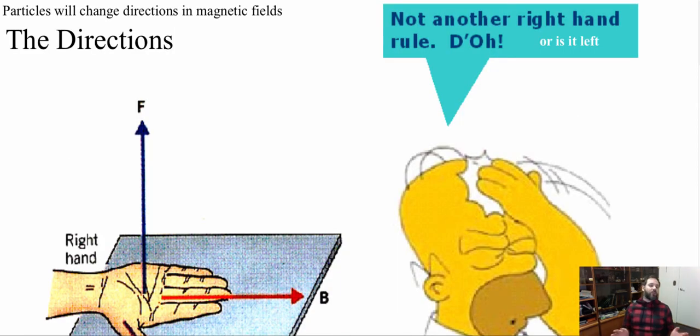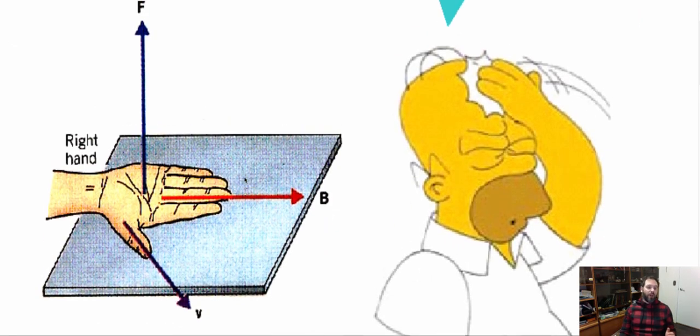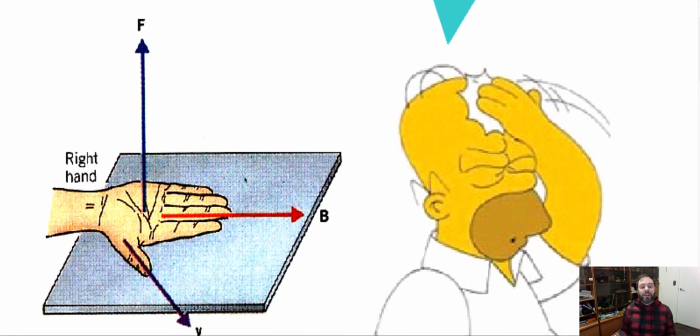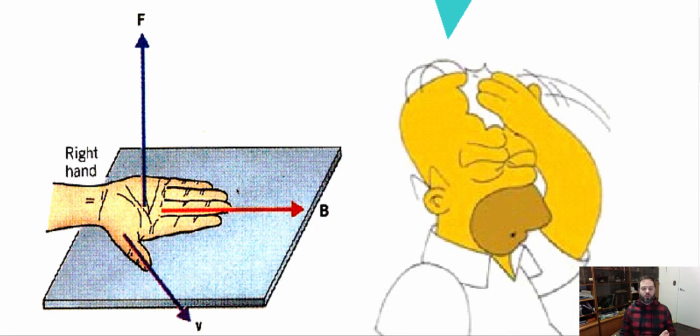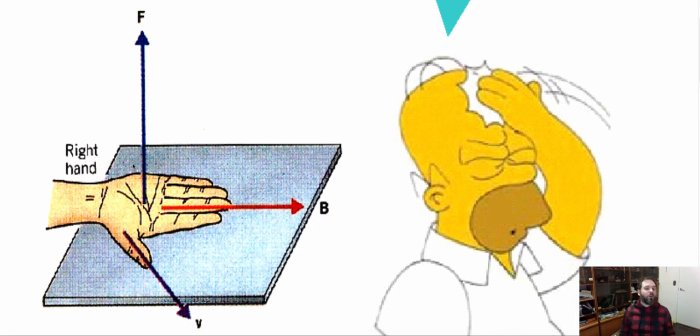All right, now we're going to learn our third hand rule. This hand rule will follow the same rules as the hand rule before. So the right hand is going to be used for conventional current, which means the movement of positive charges. Our left hand is going to be used for electron current, or the movement of negative charges. If I look at this right hand here, we have three variables interacting with each other, which is different from our previous two hand rules, which only dealt with two variables.